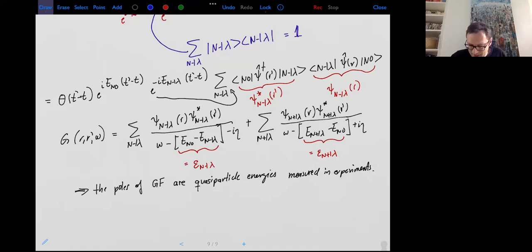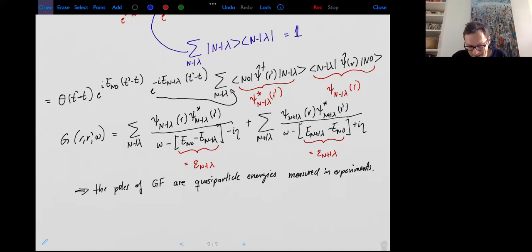Okay, perfect. So this is basically why these Green's functions are useful objects, because they have this connection to the experimentally measured quasi-particle energies. But of course, at this point, we don't know how to calculate these things.